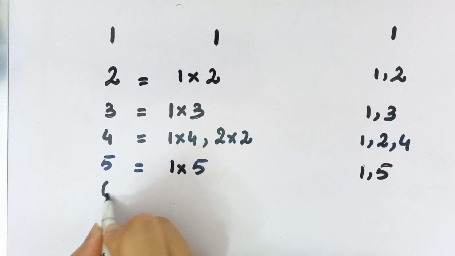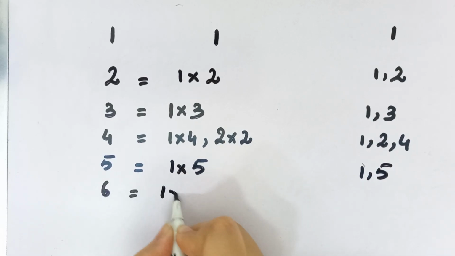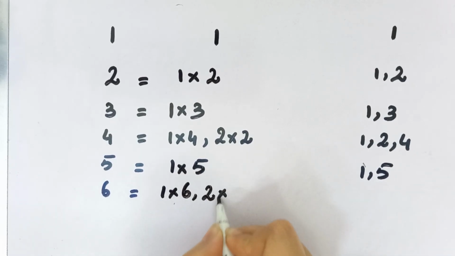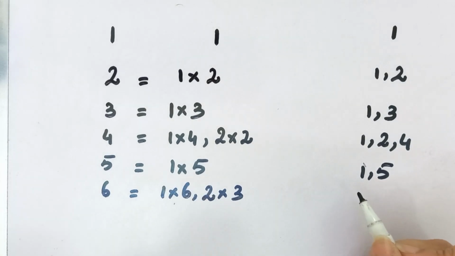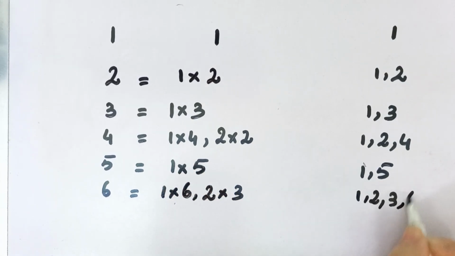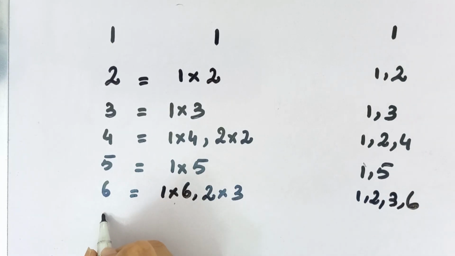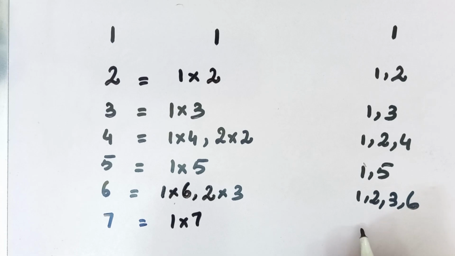Then we have 6. 6 equals 1 times 6 and 2 times 3. 6 is divisible by 1, 6, 2, and 3. It has 4 factors, 1, 2, 3, and 6. Then we have 7. 7 equals 1 times 7. 7 is divisible by 1 and 7 exactly, so it has 2 factors, 1 and 7.